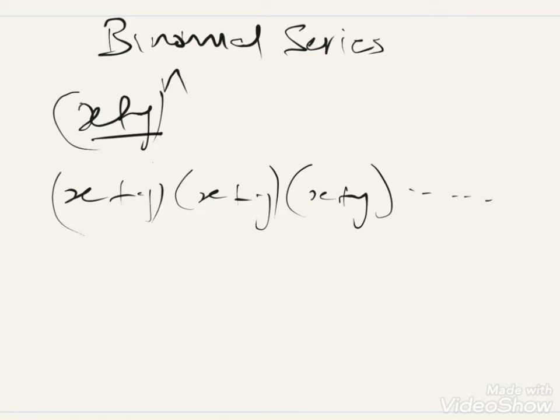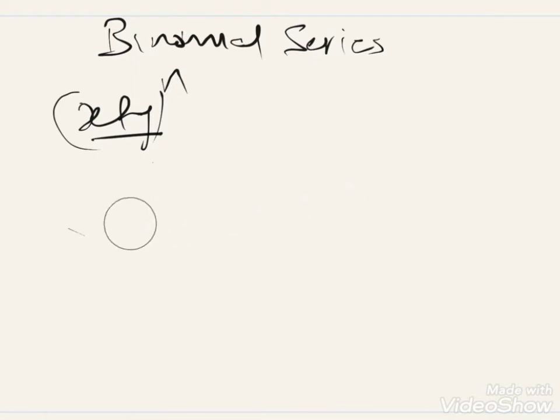But by the binomial formula, let's clean this first. By the binomial formula, we shall have x with the original power of the binomial n, multiplied by the second term y with the zeroth power, all over 0 factorial.